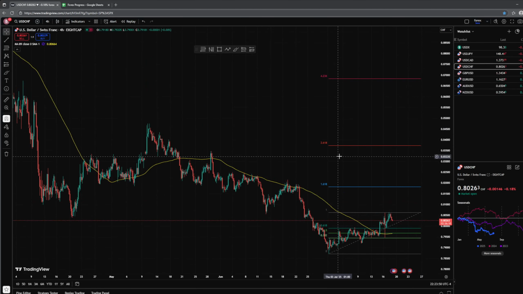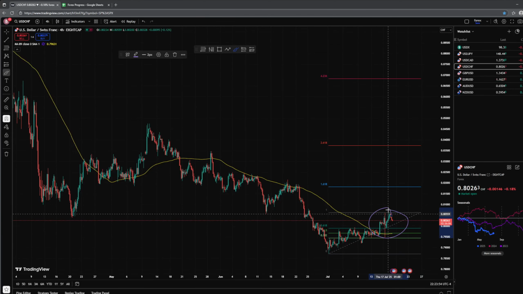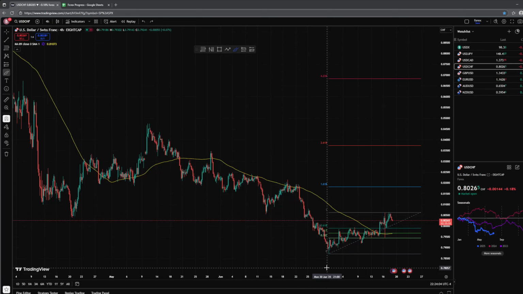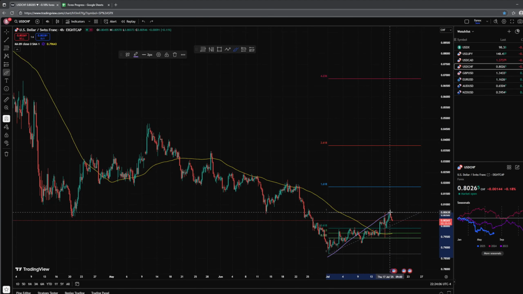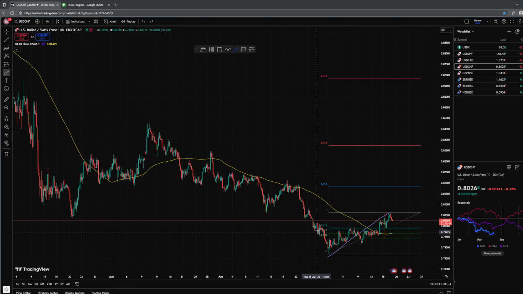Okay, USD Swiss franc. Here the market has broken up. More than 50% of the price is behaving above the yellow moving average line. The trend is up, but unfortunately the size of this leg is just too small compared to other directional legs.